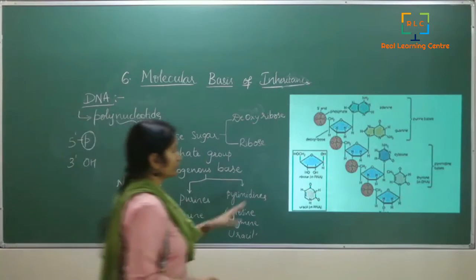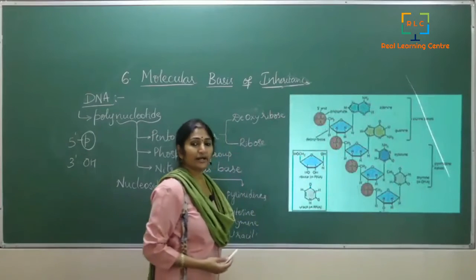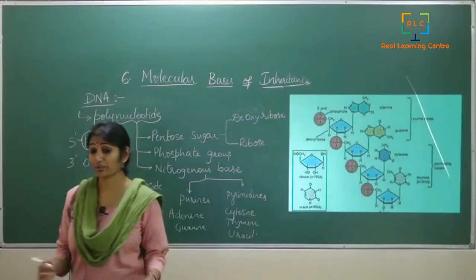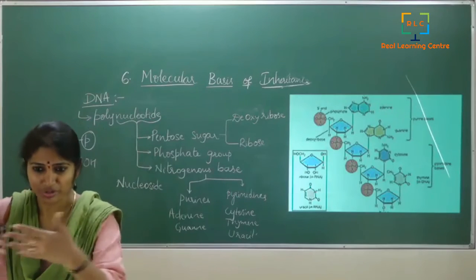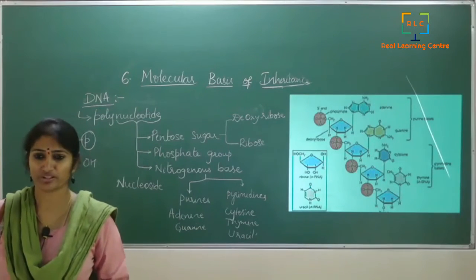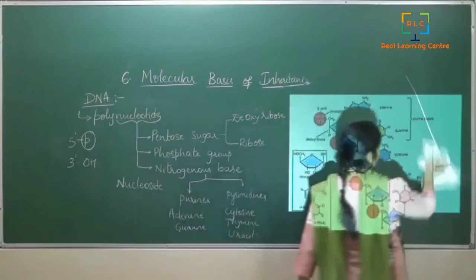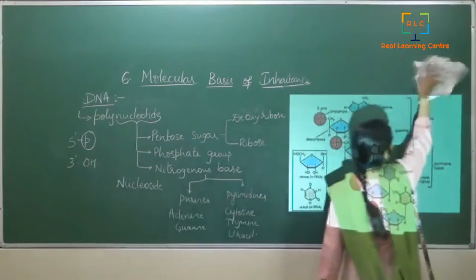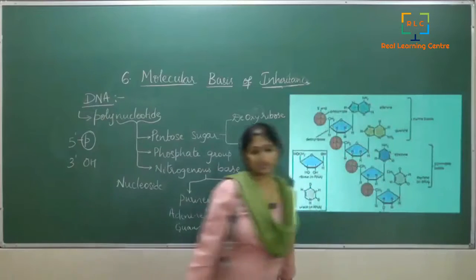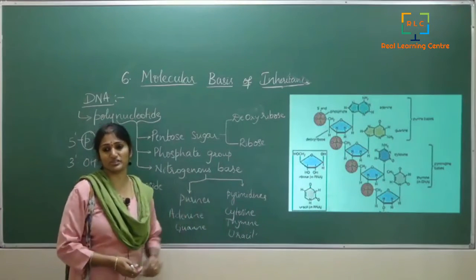When I'm talking about two nucleotide chains, there has to be something which holds them together, right? And that holding of the two strands of the polynucleotide chains is by the interaction of the nitrogenous bases.